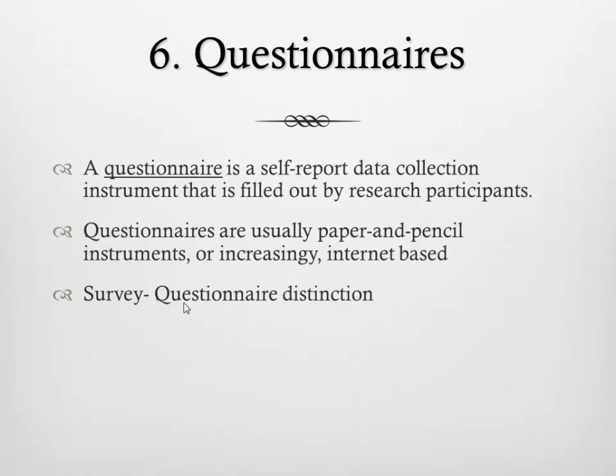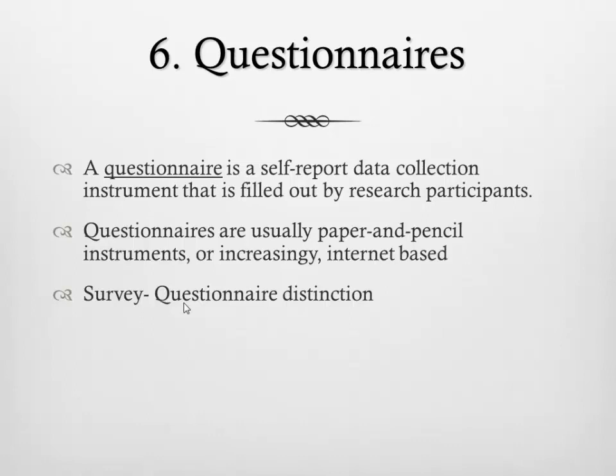Quick distinction to make between the terms survey and questionnaire. Generally, when we talk about survey, we are talking about the kind of research that is done. So survey-based research is research in which researchers use questionnaires to collect information. And technically, the questionnaire is the instrument that you use to collect the data when you're doing survey-based research.